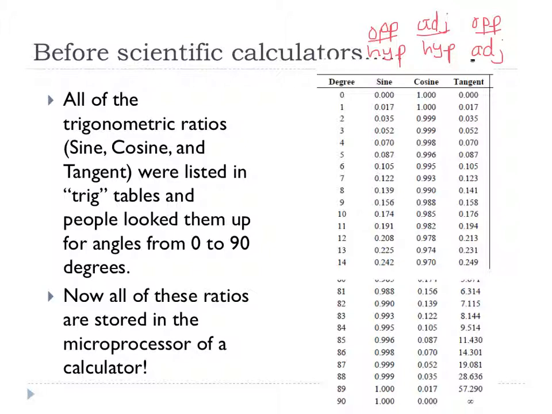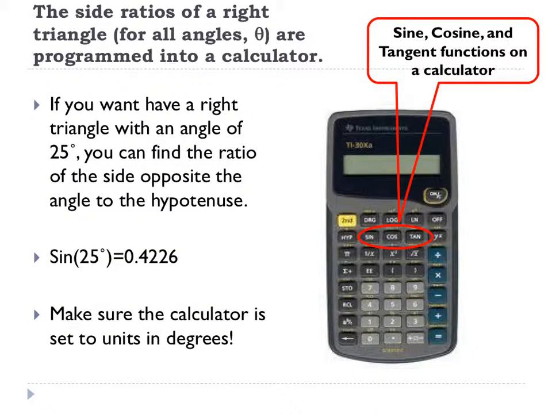So in my day, we would just look up a particular angle. Say I was doing something with 12 degrees and I wanted to figure out some missing sides. Then I would look up what the resulting quotient of the ratio is here, for instance sine, and I would use that number. Well, all of these numbers have been stored as a giant lookup table in the calculator. And I know you've looked at these buttons for a long time on your calculator.